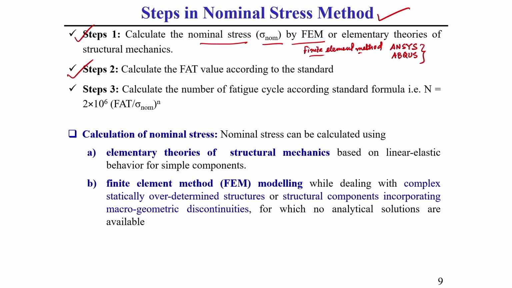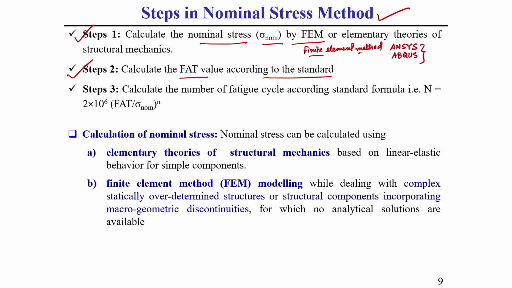Then the second step is to calculate the FAT value, meaning fatigue strength value according to the standard. I will discuss the FAT value in detail in a subsequent slide. Generally there are some standard S-N curve data, estimated based on some standard weld geometry and plotted as stress versus number of cycles.